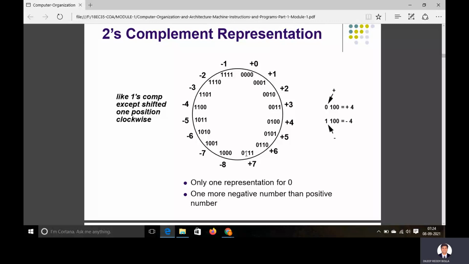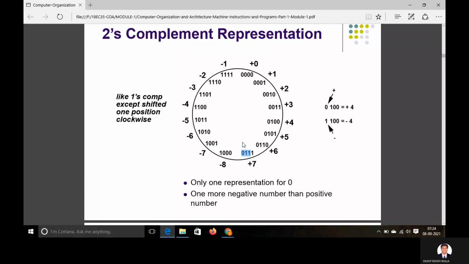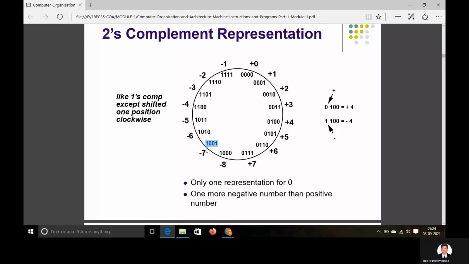So if you see this one here, the representation of it in one's complement form will be what? 1000. For 1000, if you add one more binary number, it becomes 1001. In the previous case, minus 7 was 1000.